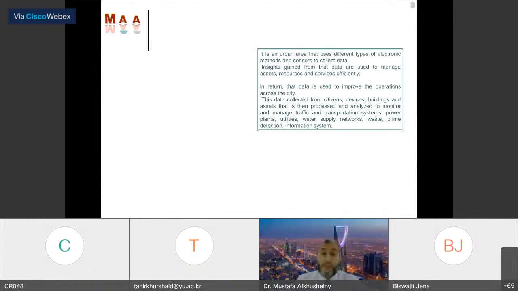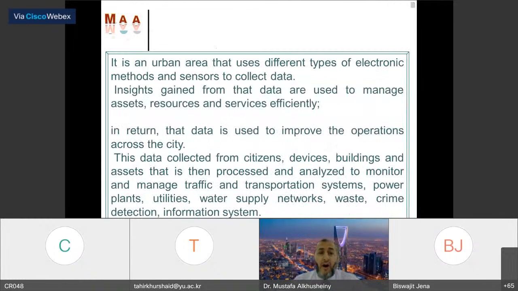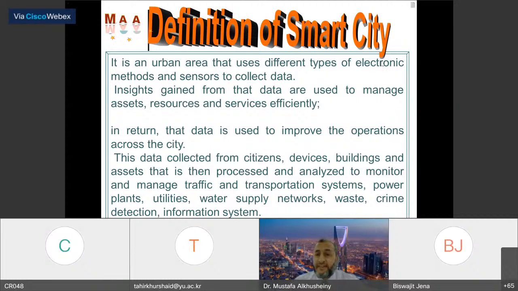So it's an urban area that uses different types of electronic methods and sensors to collect data. Insights gained from that data are used to manage assets, resources, and services efficiently. In return, that data is used to improve the operations across the city.